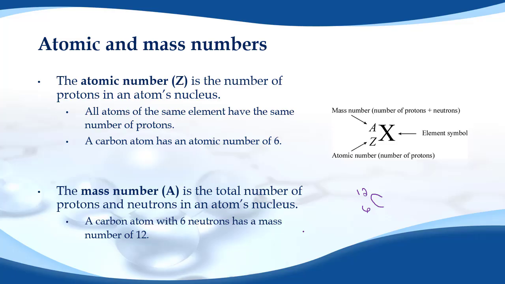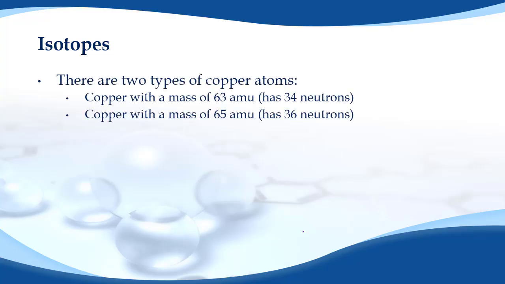Now, our special type of atom is what's called an isotope. You notice how I said this carbon atom has 6 neutrons? Well, what if the carbon atom didn't have 6 neutrons? What if it had more or less? If it has more or less, you have an isotope. So for example, there are 2 types of copper atoms that exist: copper with a mass of 63, and copper with a mass of 65.